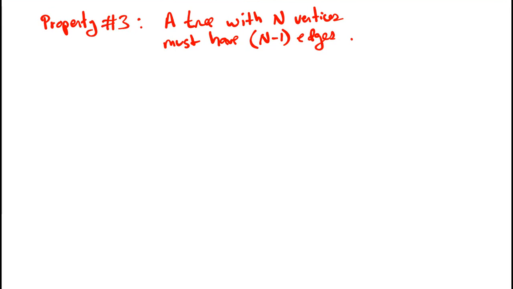The converse of property 3 is if a graph has n-1 edges, then it must be a tree with n vertices.